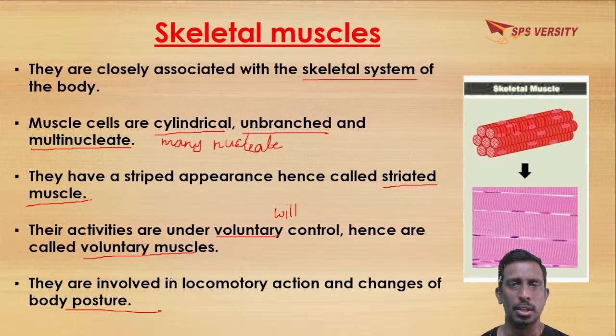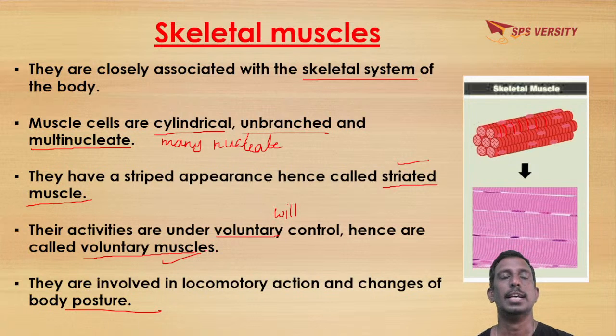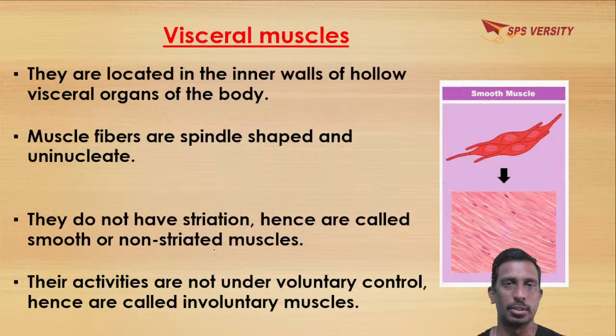So these skeletal muscles have other names also, that is striated muscles and voluntary muscles. As they have striations, they are called striated muscles. As they are under our control, they are called voluntary muscles.